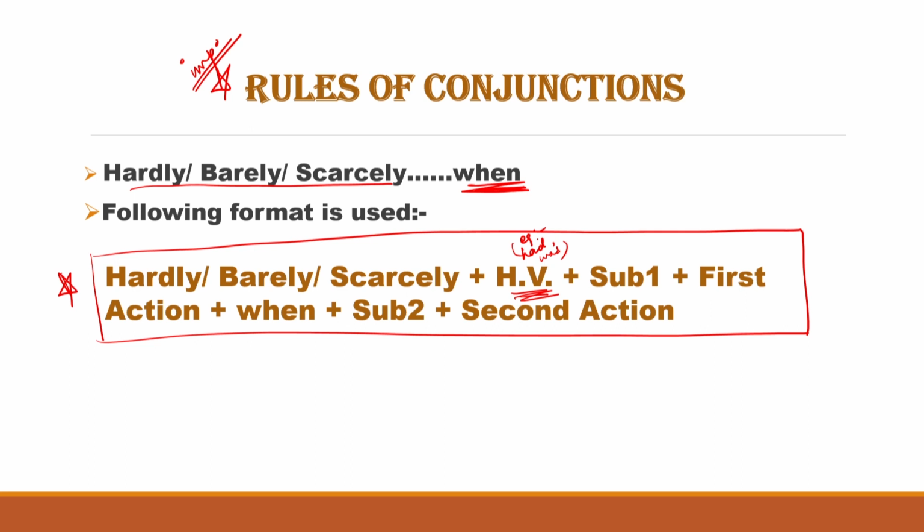Then comes your first subject, and then it is followed by first action. You can call it A1. And then comes your when, which is again followed by subject 2, and then comes your action 2. The first action will be related to the first subject. Similarly, just like the first action was related to the first subject, the second action will be related to the second subject. Fine.